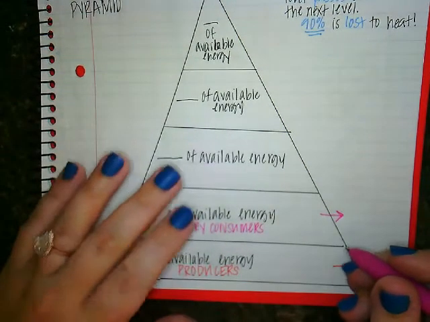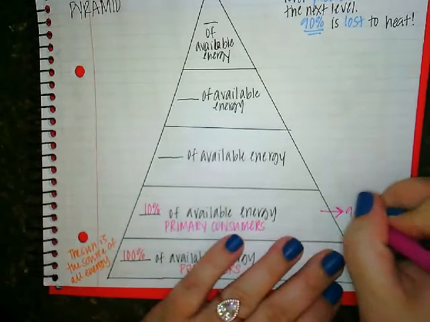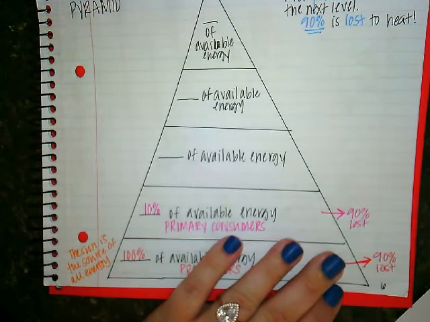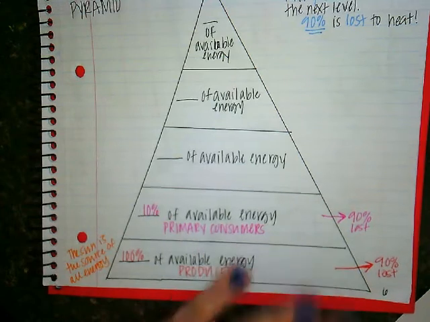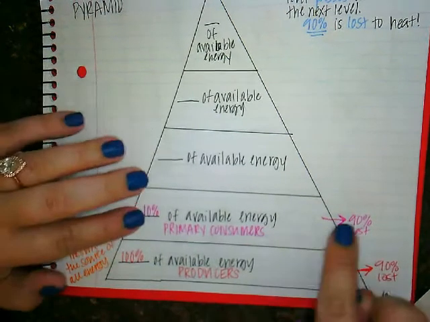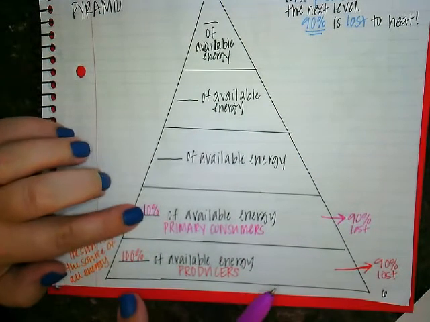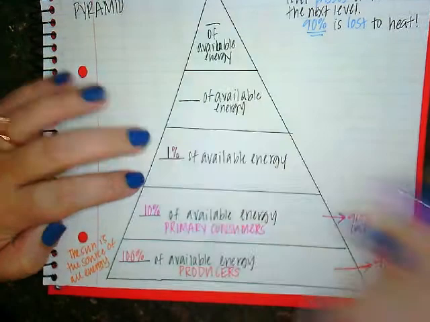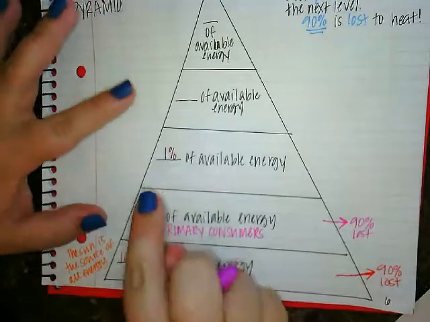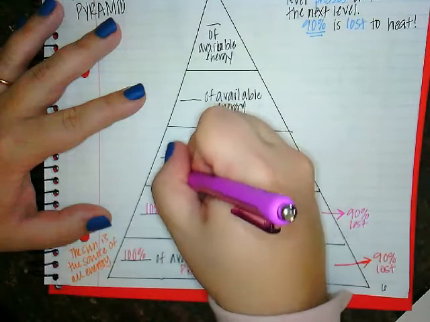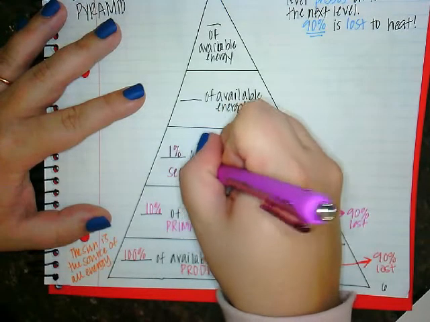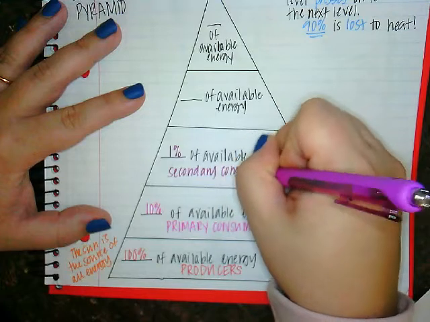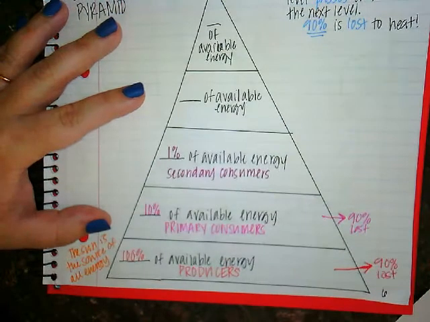So in that level, when those primary consumers get eaten, 90% of energy is lost again to heat. So you only have 10% of 10%, which is 1% of energy moves on. So the secondary consumers get 1% of that available energy because that is all that's left for them.